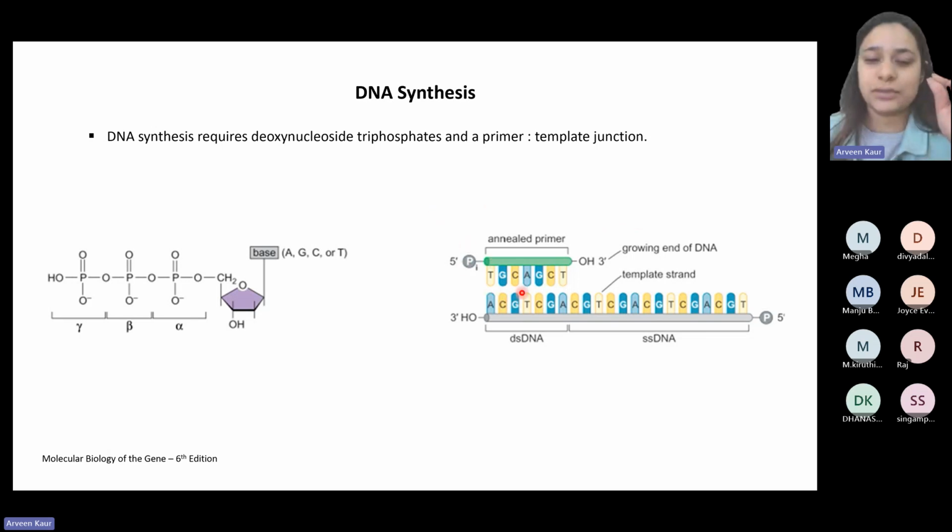So there needs to be a primer that is made. Now this primer is going to sit on the template, and this already made primer has one free 3' end. Later, the DNA polymerase can act and keep on adding dNTPs to this already existing chain, right? That is how it works.